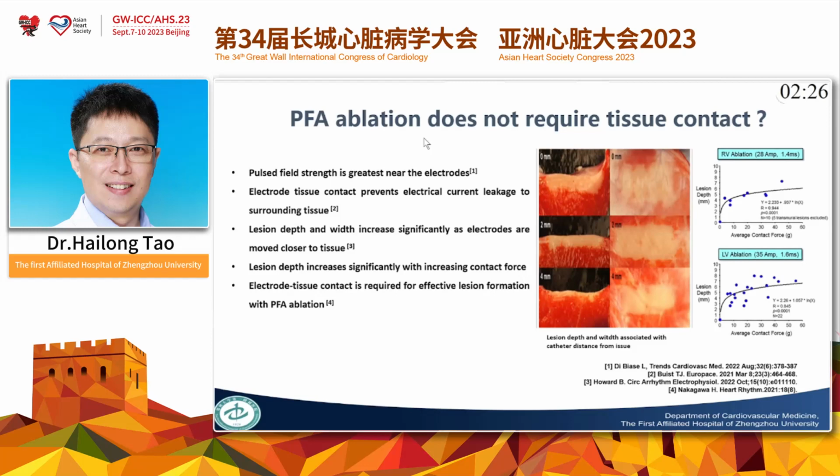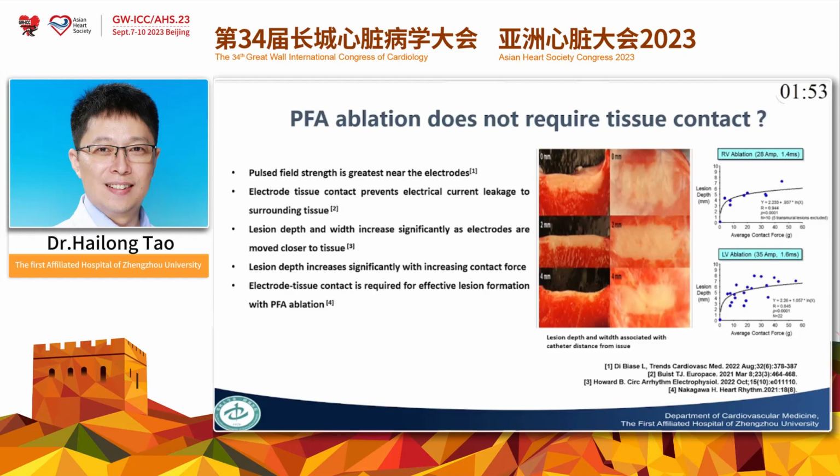The last question is whether PFA ablation does not require tissue contact. For now, none of the PFA catheters contain a contact force index, but we know that the pulsed field strength is greatest near the electrode. The electrode tissue contact prevents electrode current leakage to surrounding tissue, and the lesion depth and width increase significantly as electrodes are moved closer to tissue.